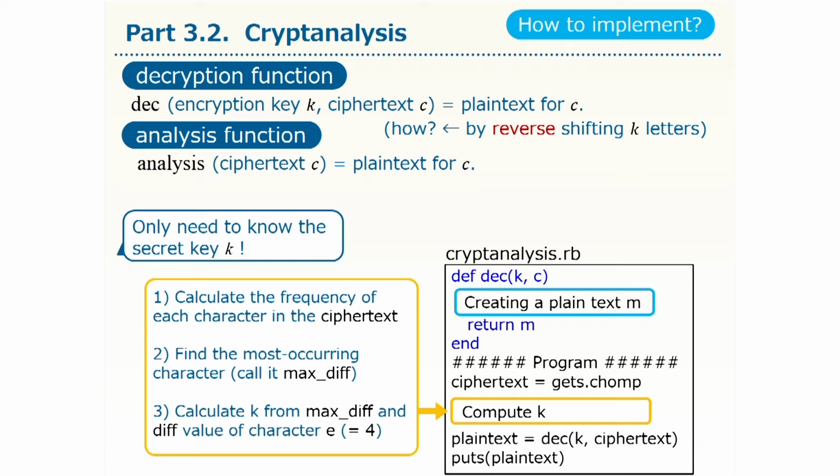We were also able to compute its location. Here it is, this variable. We put this information in this variable. On the other hand, diff of E is 4, so the difference between maxDiff and the diff tells you the k. So we can calculate k from these two values. Let's consider this calculation more precisely in the exercise.